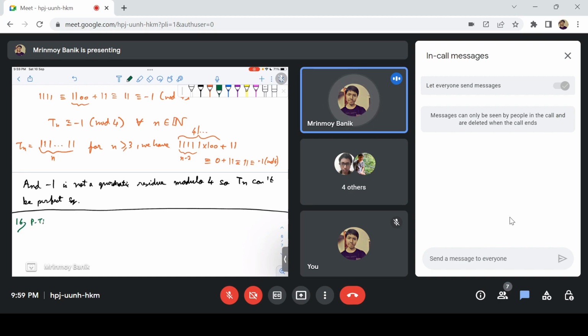So prove that for n greater than 4, 1 factorial plus 2 factorial plus 3 factorial up till n factorial is not a perfect square.